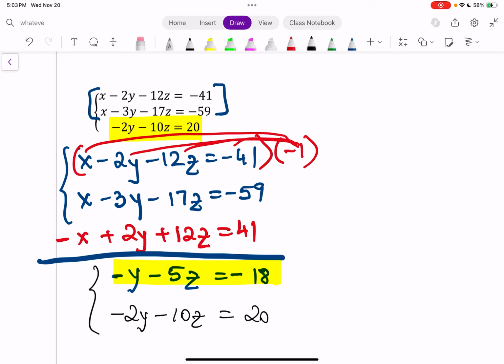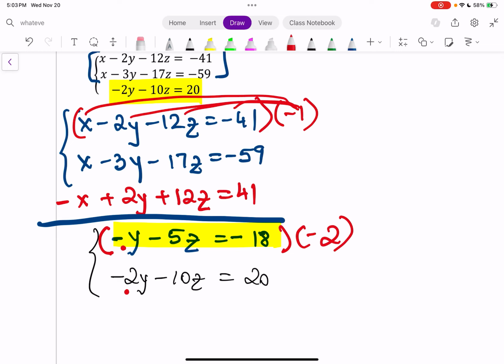As you see, negative 1 goes into negative 2 2 times. I also have to switch the sign to make it positive. So negative 2 times negative 1 is positive 2y. Negative 2 times negative 5 is positive 10z equals a positive 36.